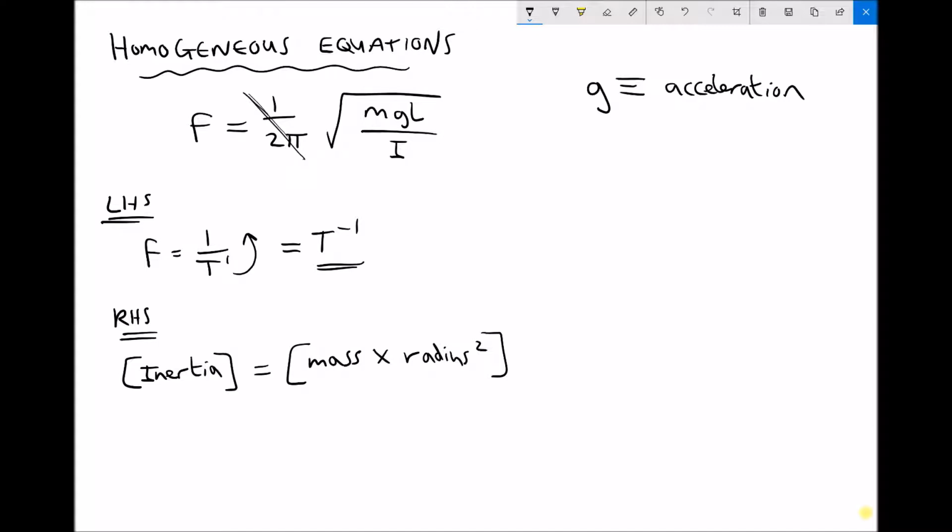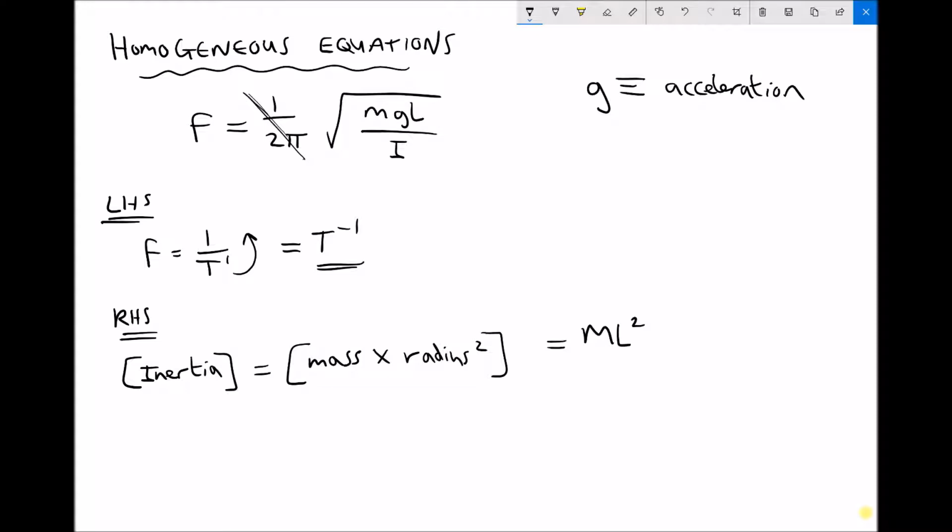Well, we've already said that constants don't affect dimensions. Or you might see inertia equations for different objects, such as a third ml squared. But the important thing is that the dimensions are always going to be the same. Mass times a radius squared. Now, a radius is just a length. It's the distance from the centre of a circle to the outside edge. So inertia has the dimensions ml squared.